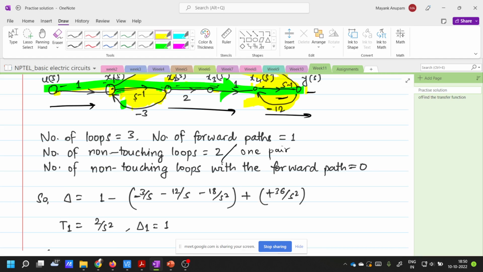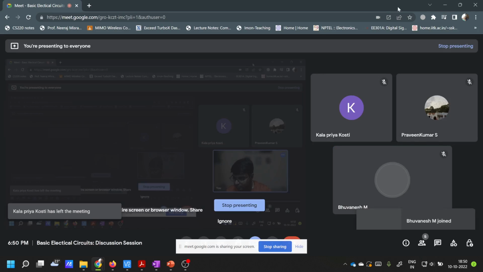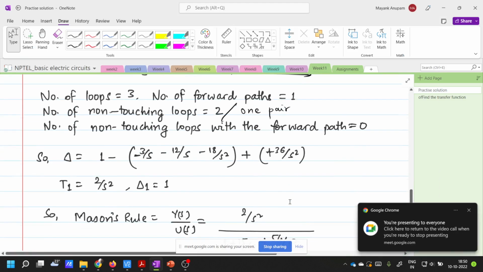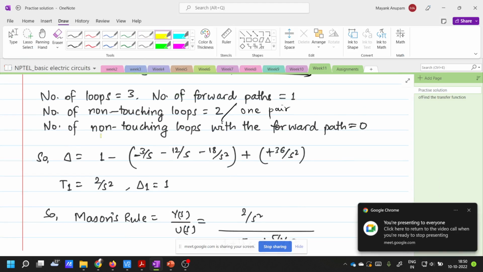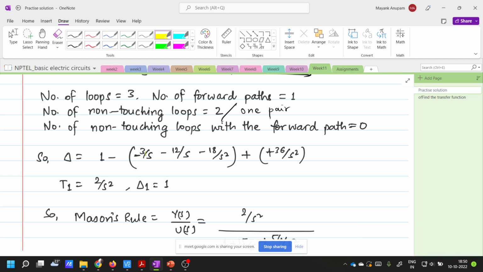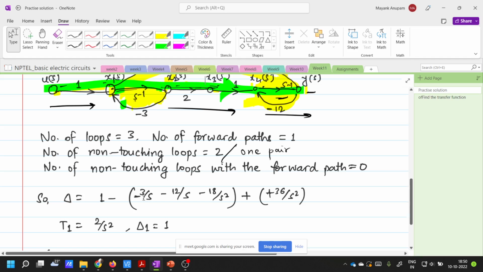Now you have to find out what is delta, right? So what is delta here? Delta was equal to 1 minus the summation of loop gains taken one at a time, right? So what are the loop gains here? 1 minus, one loop is this one, minus 3 s inverse multiplied by minus 3.